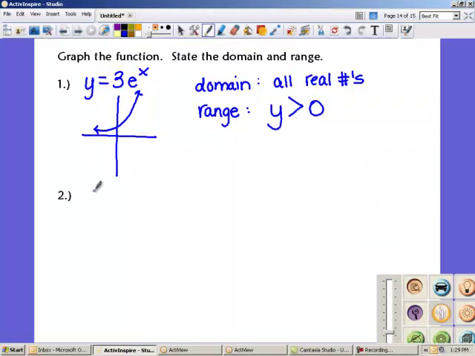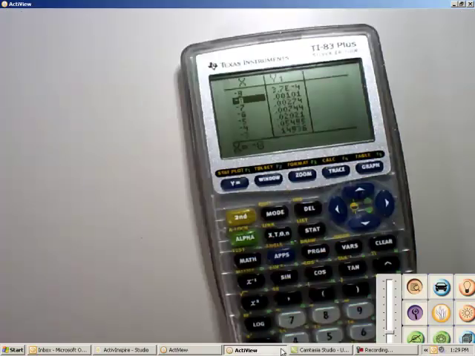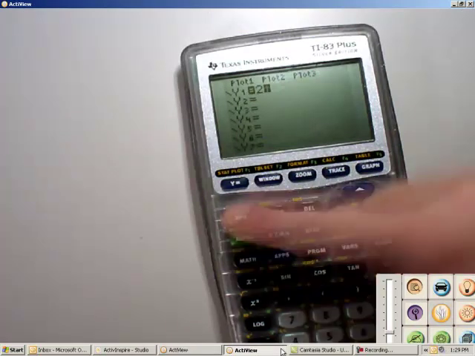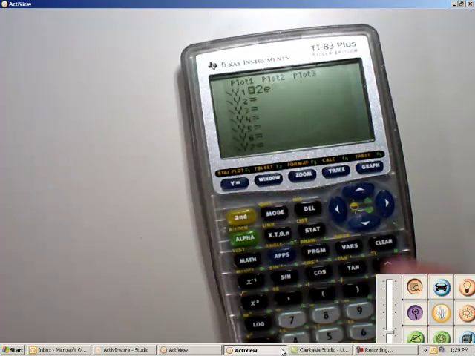Okay, here's the next example. Again, we're going to go graph it. So it was 2e raised to.